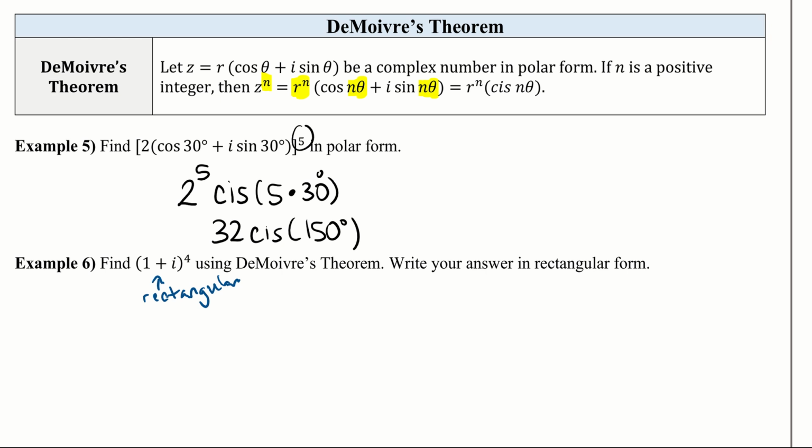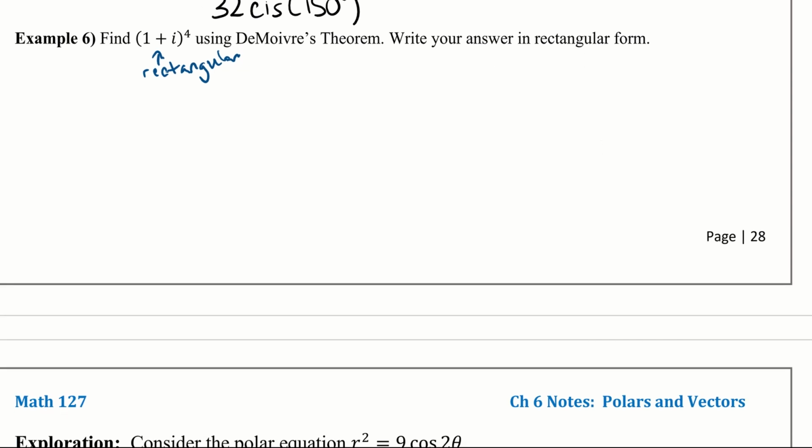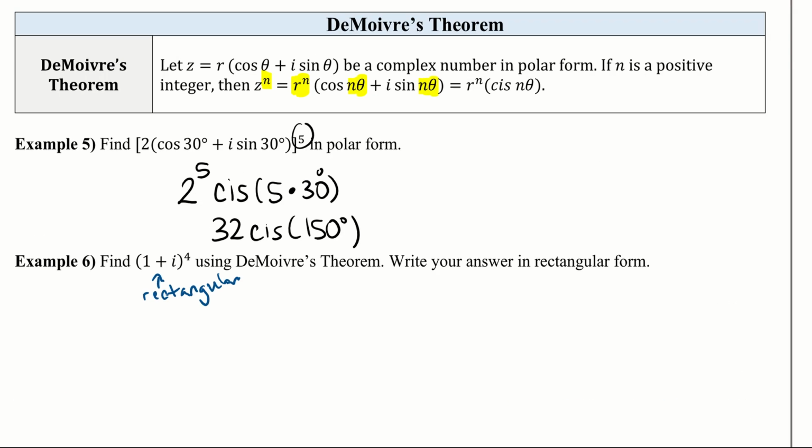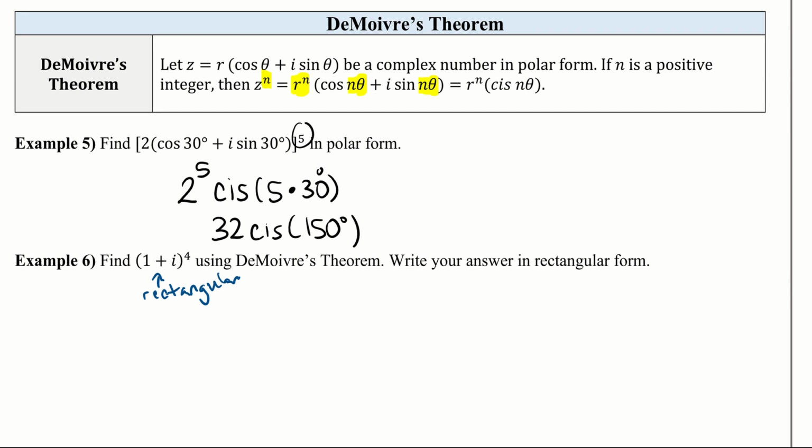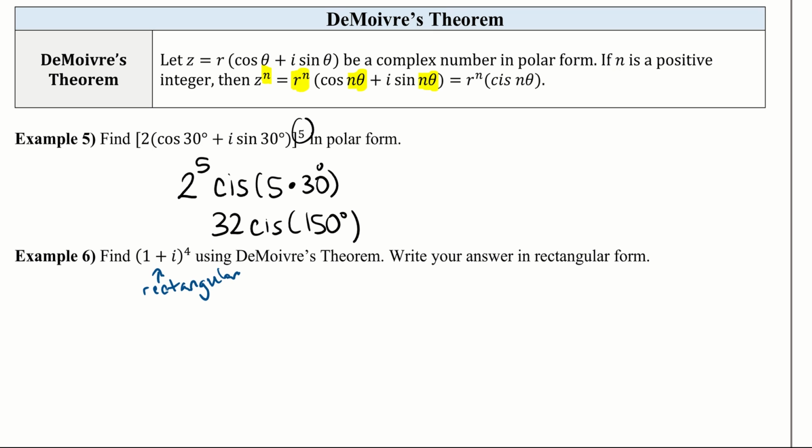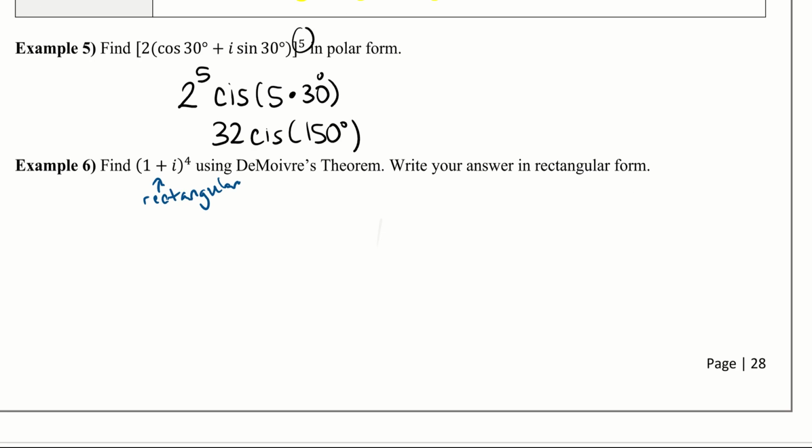Using de Moivre's theorem, we're going to write my answer in rectangular form as well. Well, de Moivre's theorem, though, is written in polar form. So what this means is that I have to first write this in polar form, use the theorem, and then I need to go back and write it in rectangular form. So I kind of have to do some converting first so that I can use de Moivre's theorem.